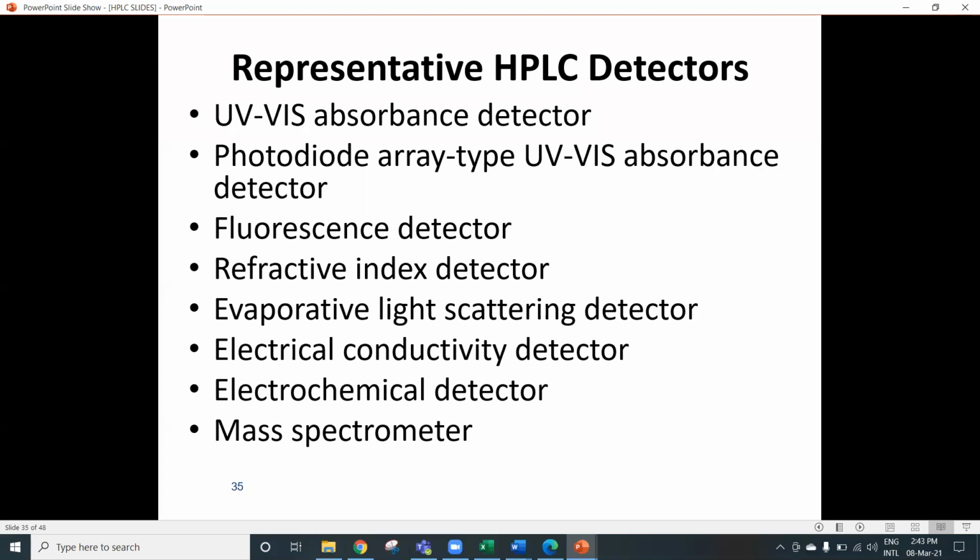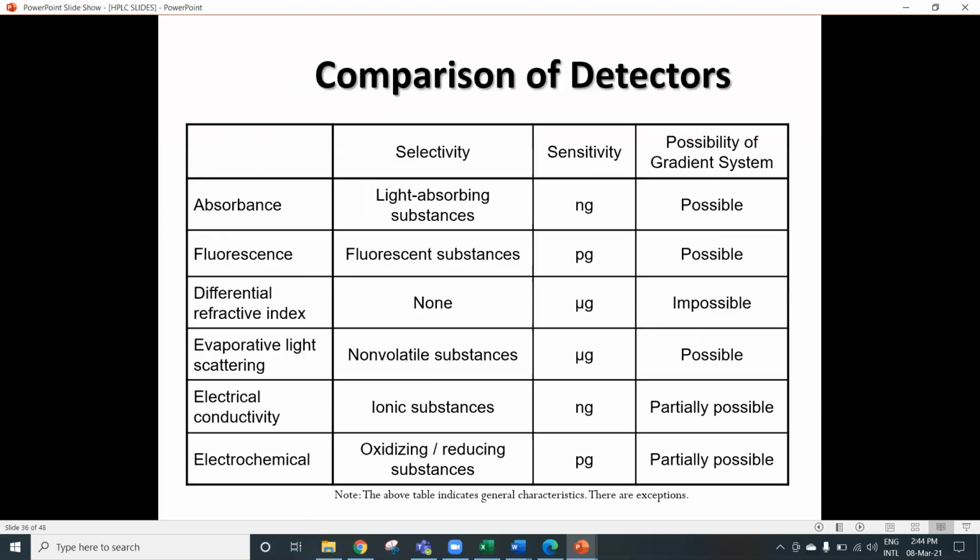So we have the UV visible absorbance detector, the photodiode array UV visible absorbance detector, the fluorescence detector, refractive index detector, evaporative light scattering detector, electrical conductivity detector, and mass spectrometer. So these are different types of detectors and their sensitivities.